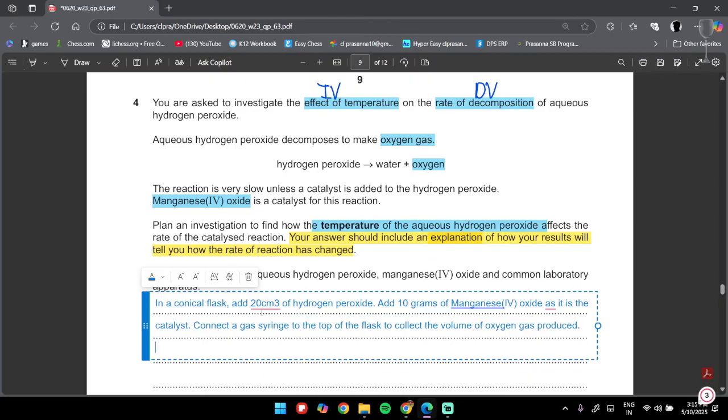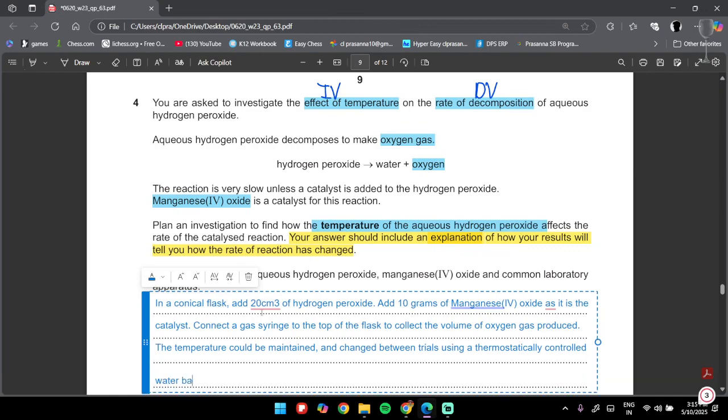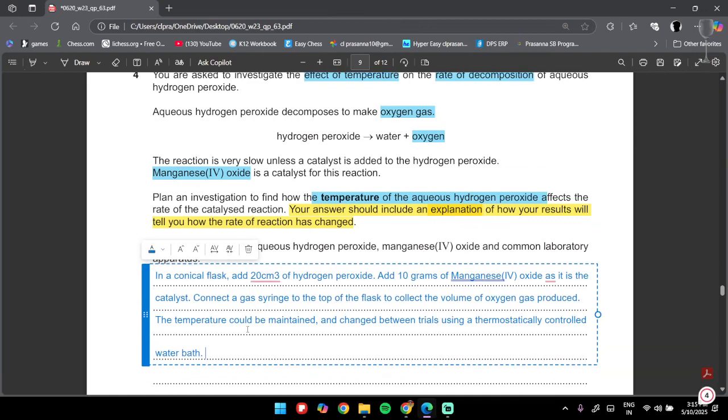Then I would say that the temperature could be maintained and changed between trials using a thermostatically controlled water bath. Now you could also add that conduct the first trial at 25 degrees Celsius. Okay, you could add that as well.